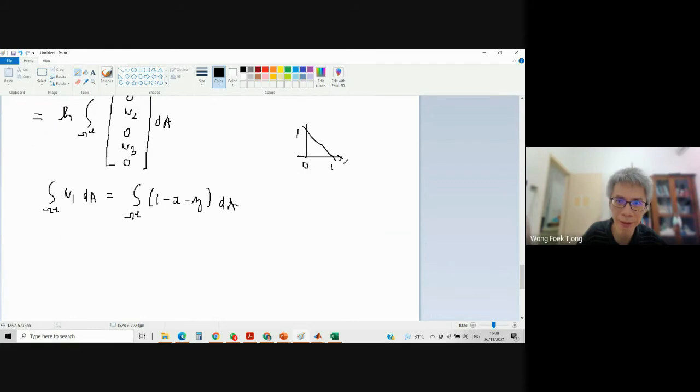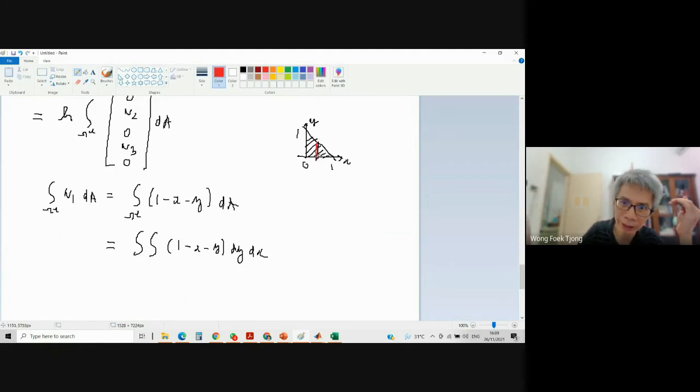Anyone knows how to calculate the area integrals? This is just calculus, right? We calculate this function over this area, so use double integrals, iterative integrals. We may begin with dy dx. The inner integral is dy, which means x is constant at a particular x.